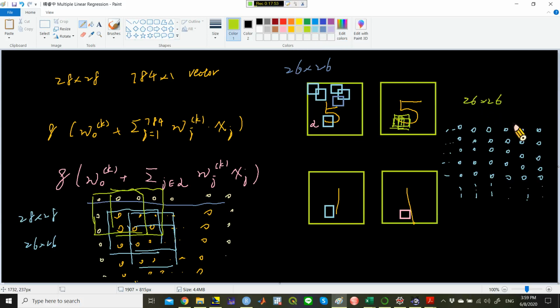We split it: we take this 4 as a group, this 4 as a group, this 4 as a group, and so on. So we split this 26 by 26 matrix into a 13 by 13 matrix. And what's the value for each element in this matrix? We just pick the maximum of this 4, the maximum of this 4.